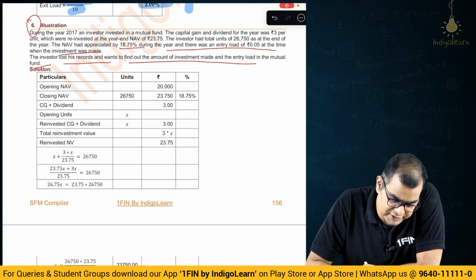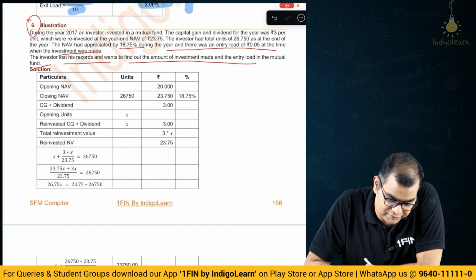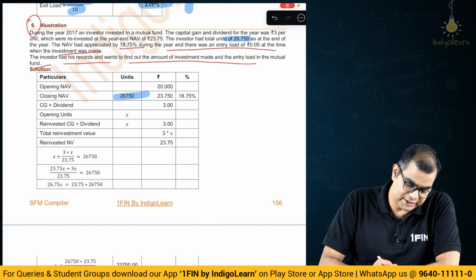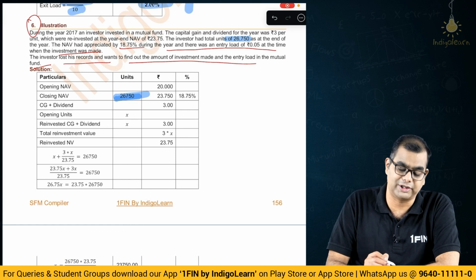So, what is opening NAV? They have not told opening NAV, we will compute it, but they have given closing NAV. The investor had total units of 26,750 at the end of the year. That is one piece of information which is very important, which we can write down here.